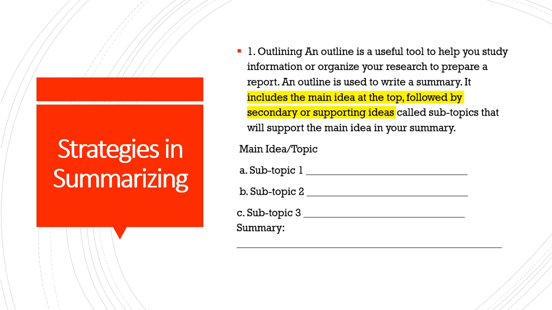And then, what are the succeeding topics about that main idea? We call that subtopic. If there are three subtopics, you can write there subtopic 1, subtopic 2, subtopic 3. And also, if there is another more specific detail about the subtopic 1, therefore you can still add 1. It will be called as the sub-subtopic.